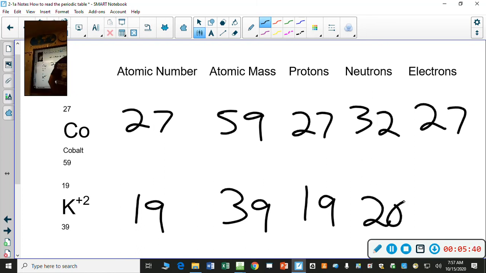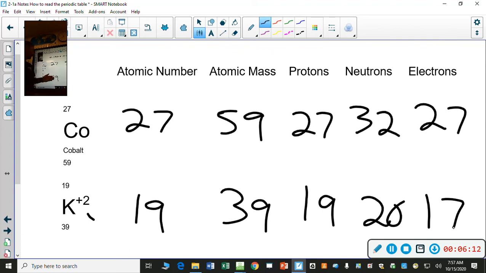The one thing that will differ are the amount of electrons. If it's +2, that means that there are 2 more protons than there are electrons. So take the proton amount, which is 19, minus 2, and you'll end up with the electrons being 17. So that would make it a positive charge because there are more protons than there are electrons. If it was a negative charge, a -2, then you would add the extra electrons.